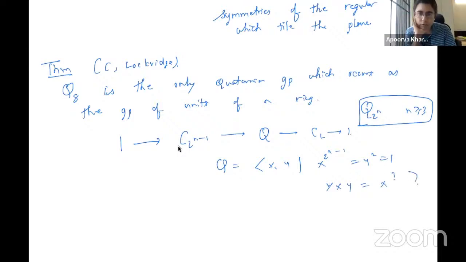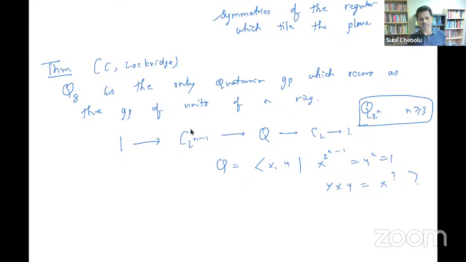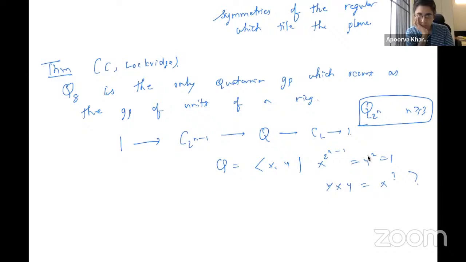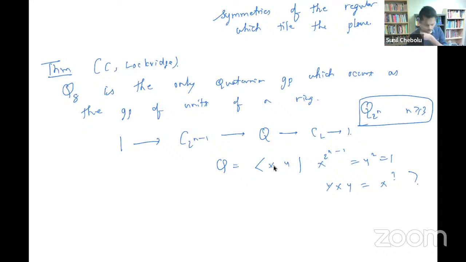Yeah, so this is a generalized quaternion group. It's a group which is generated by 2 elements. It has a cyclic subgroup of index 2, and I don't remember the exact relationship between x and y, so you can look it up. So this will be Q_{2^n}.